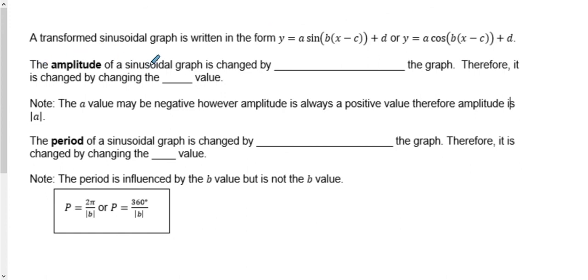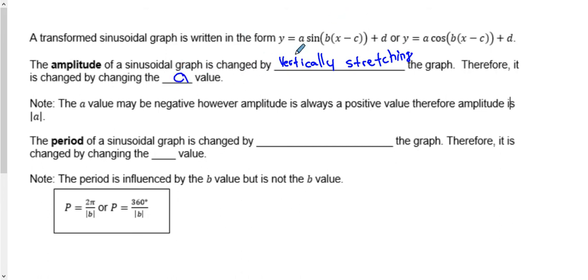Amplitude of a sinusoidal graph is changed by vertically stretching the graph. So it is changed by changing the A value.